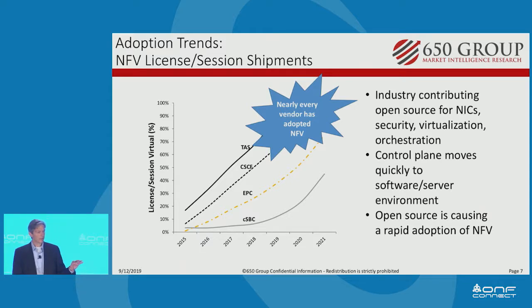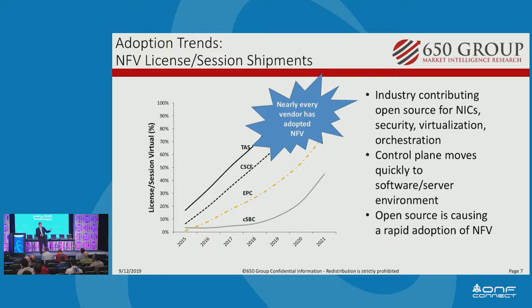Also, nearly every vendor now has adopted NFV as the way to approach the marketplace. Now, I wouldn't say that NFV has led to a disaggregation of network technology at all. Basically, this happened, but it hasn't resulted in every advantage, I think, as was the initial view, but you get the idea that every vendor has adopted NFV.